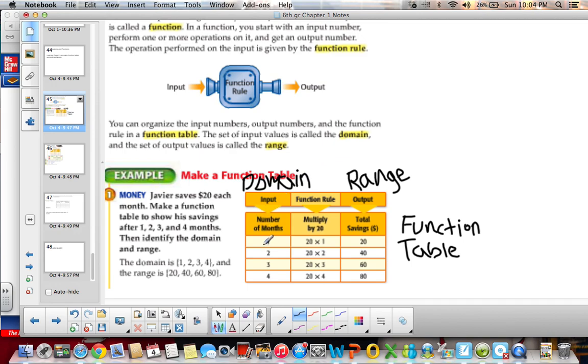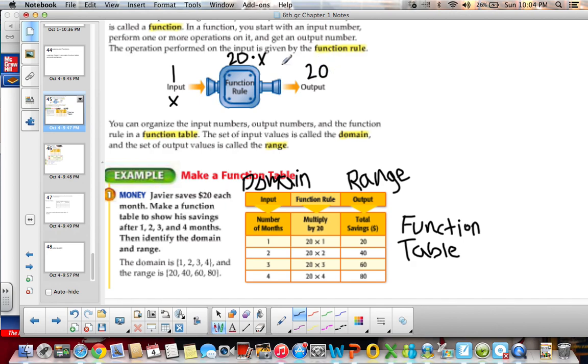So whatever number we put in as the number of months, you are going to get a certain output that goes directly with that input. If our input is 1 and our function rule is multiplying by 20, so 20 times whatever number, we'll call it x right now, then 20 times 1, our output is going to be 20.